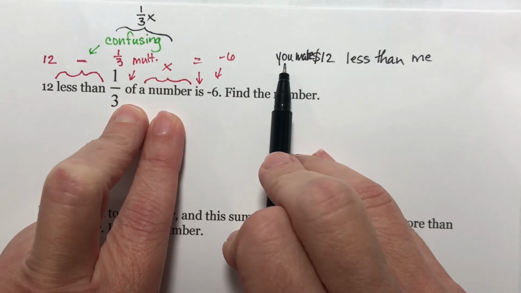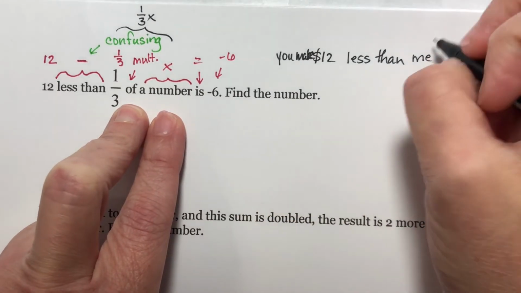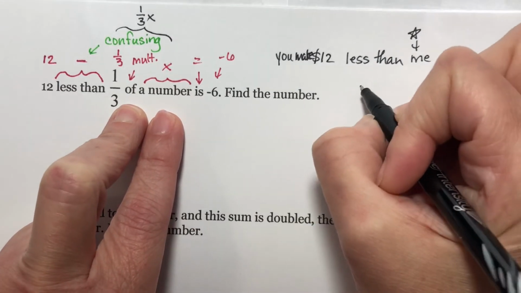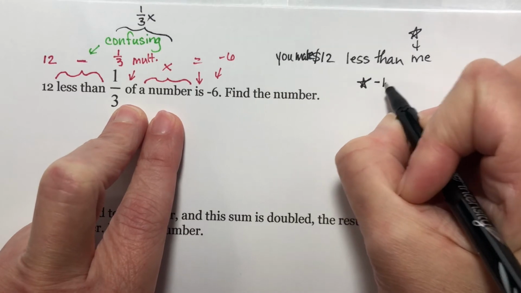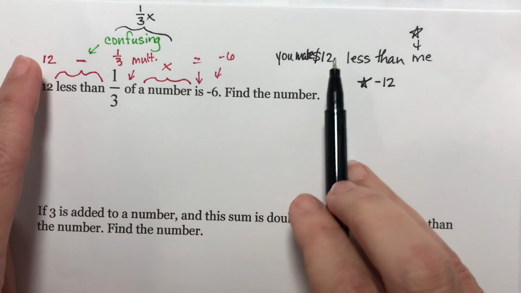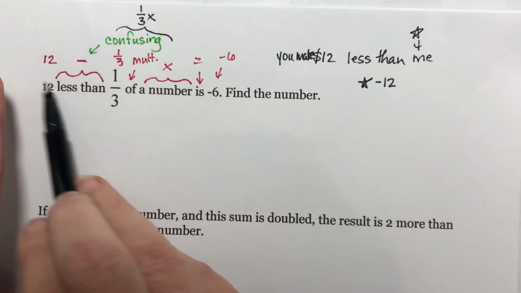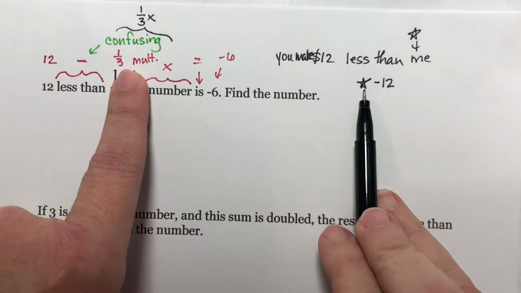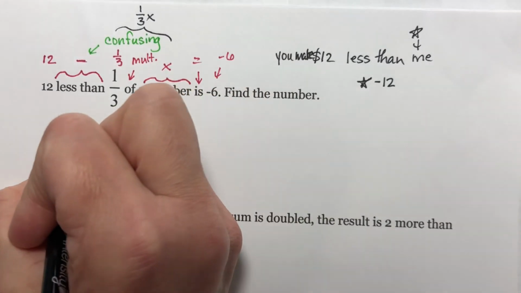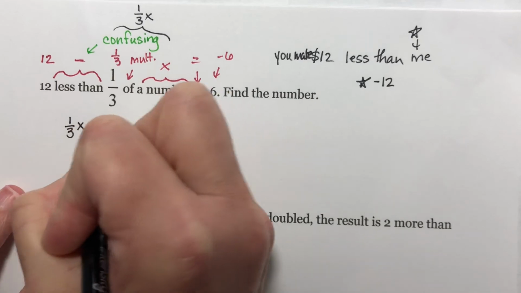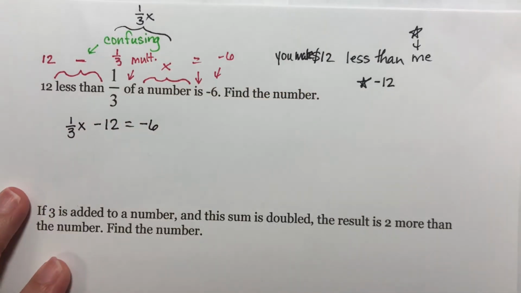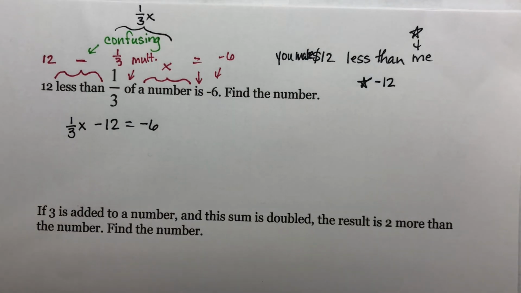Well, if I want to find out what you make, I would take what I make, let's just call this star right now, and then subtract $12 to find out what you make, right? Well, the same thing's happening here. 12 less than me, 12 less than this. Me minus 12, 1/3 x minus 12 is how this should be. And that equals -6. This is what I mean by the setup being the most difficult.